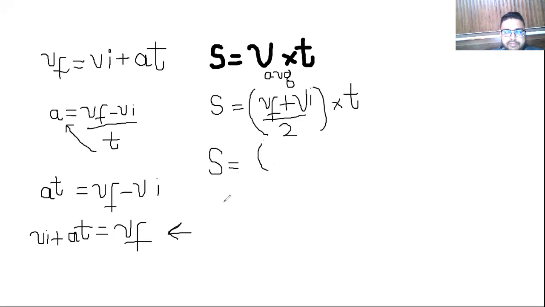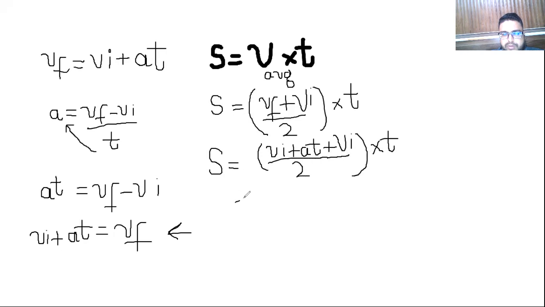The Vf can be replaced with its formula Vi plus At, divided by 2, and from here we have this Vi as well, multiplied with time.